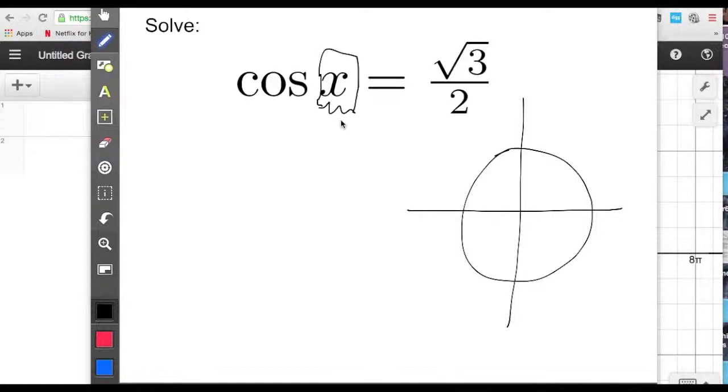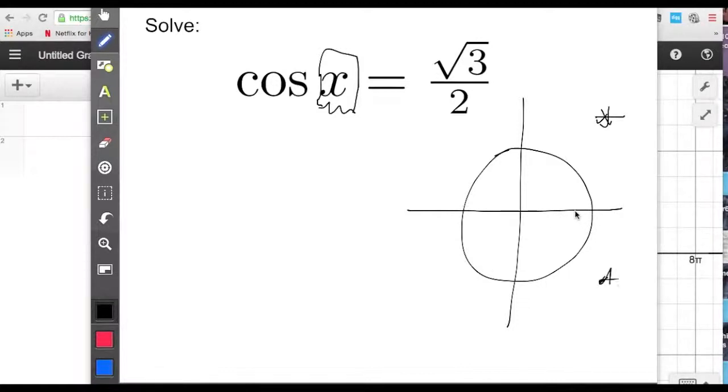So what I'm looking at is where is cos going to give me a positive root 3 over 2? When I look at the diagram, positive cosines mean positive x's. So a positive x value can exist in this quadrant here, quadrant 1, because the x value here is going to be positive.